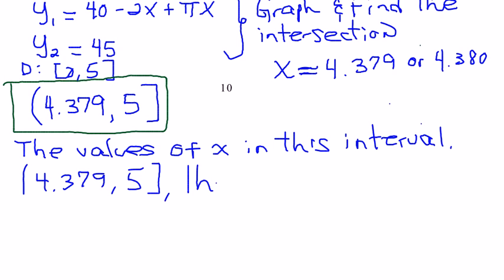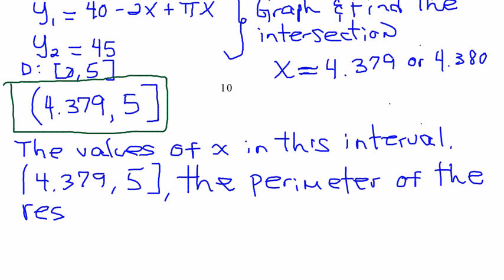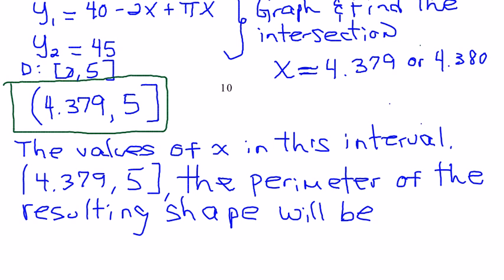what's happening is that the perimeter, which is our function p of x, the perimeter of the resulting shape will be at least 45 meters.